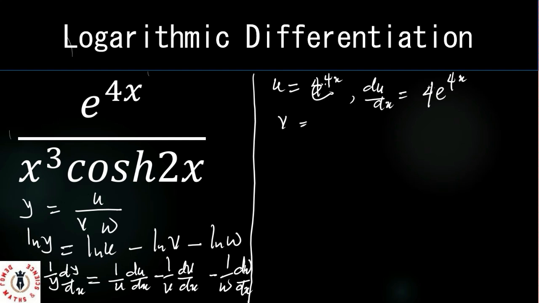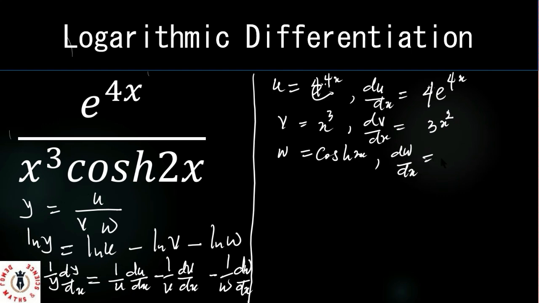Now, my v equals x raised to the power 3, so dv/dx will be 3x raised to the power 2. And my w is cos of 2x, so dw/dx will be 2 sin of 2x.